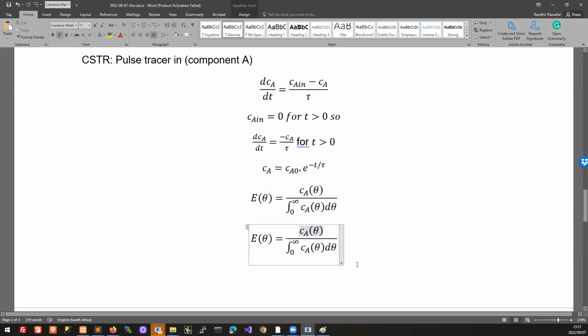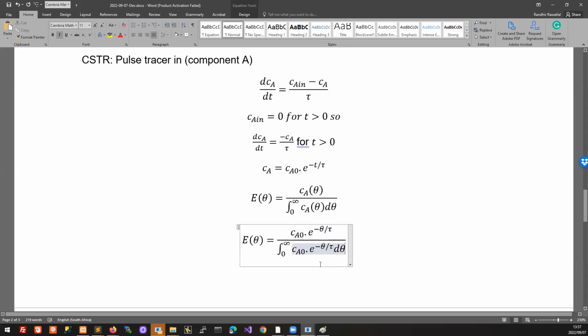So this part, we are using t equals theta, just because we are using theta here. So that is theta. And now we can see we need to do the same in the denominator. So we need to evaluate this integral.